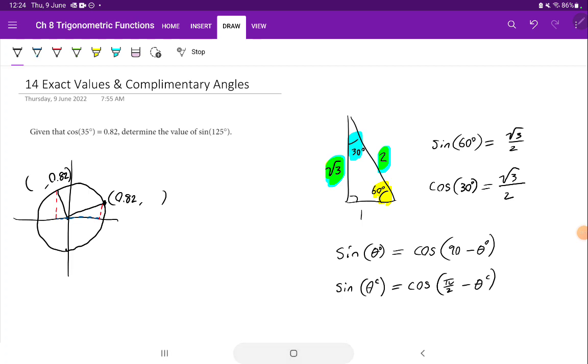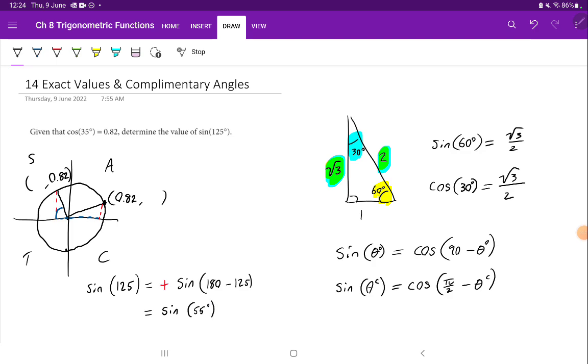The other way we can think about it is that then what is this reference angle? Well, the sine of 125, well, all stations to central, it's going to be positive. It is in the positive quadrant. And it's going to be sine of, well, 180 minus 125, which is the sine of 55 degrees.